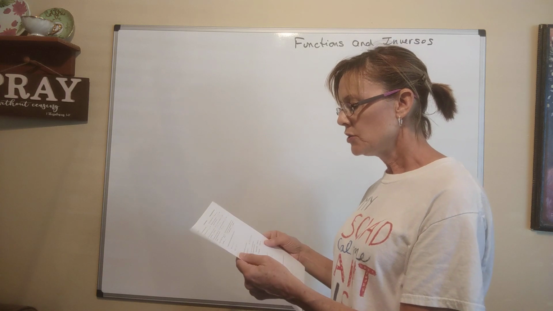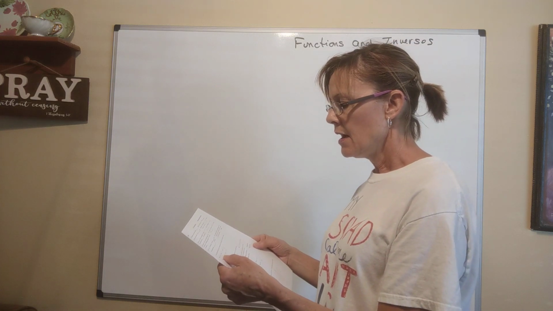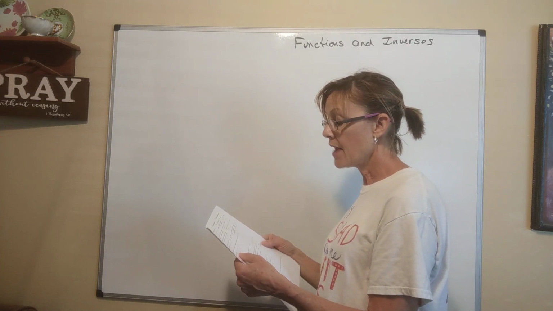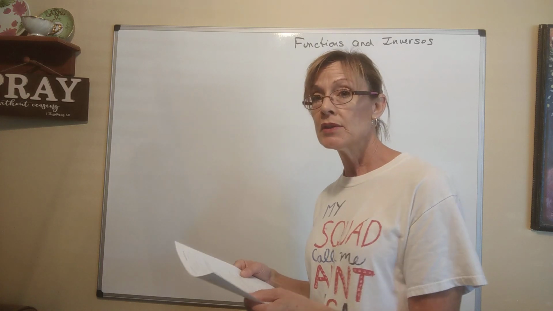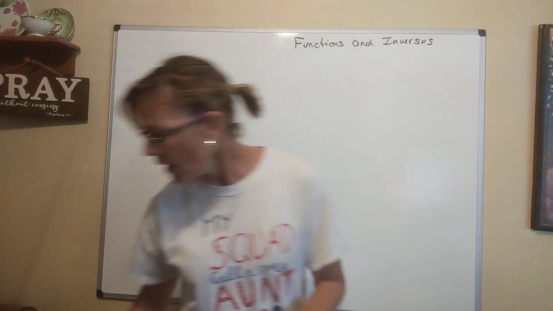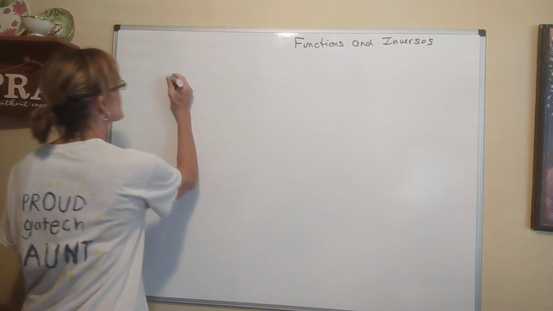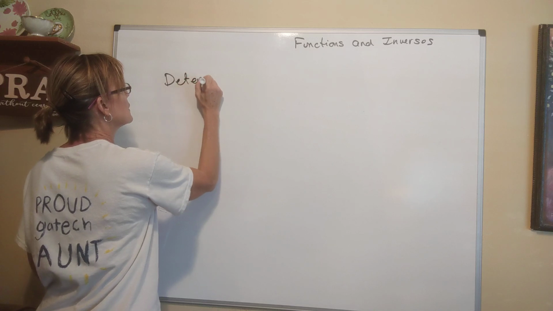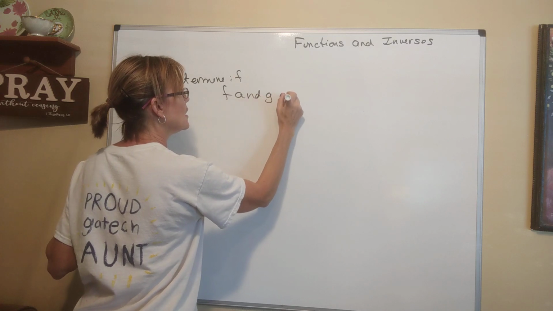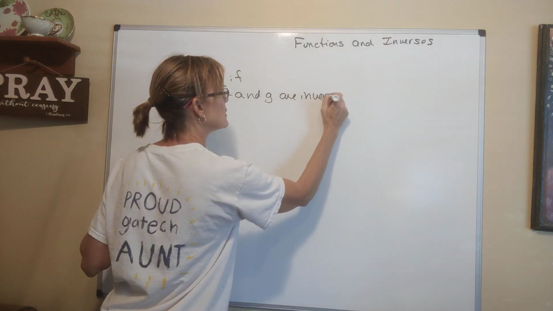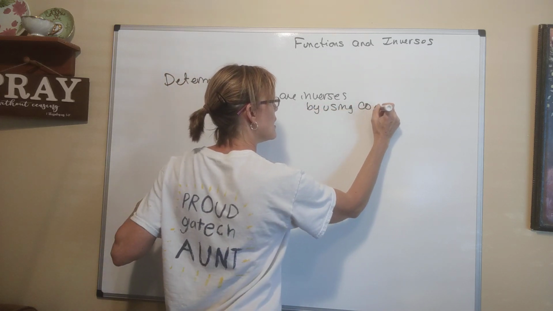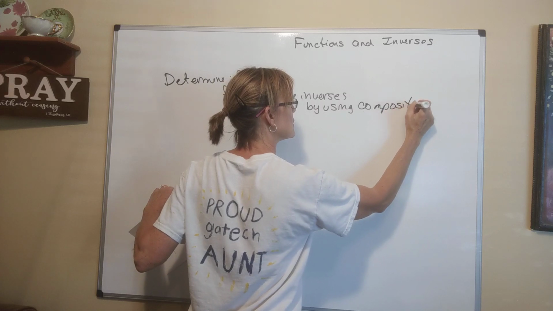Let's move on to number 38. It says, use the definition of inverses to show analytically that f and g are inverses. Another way I might put this is, determine if f and g are inverses by using compositions.